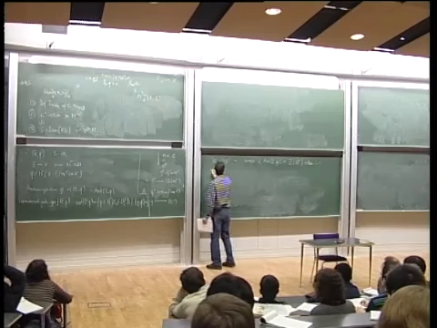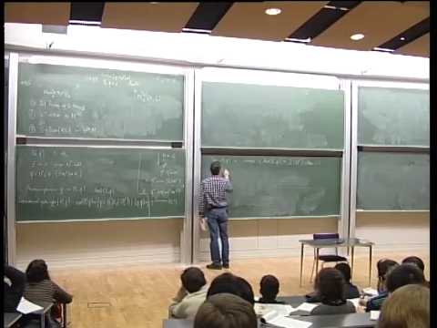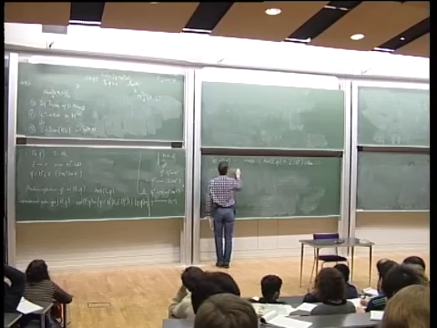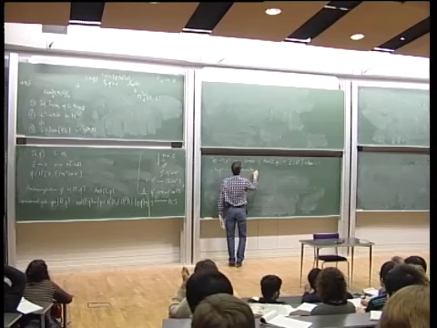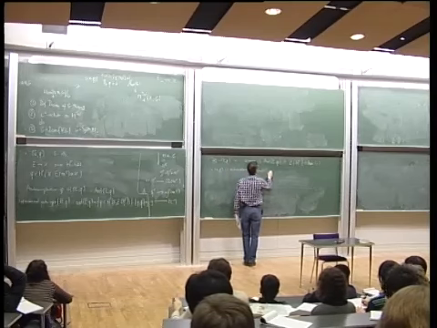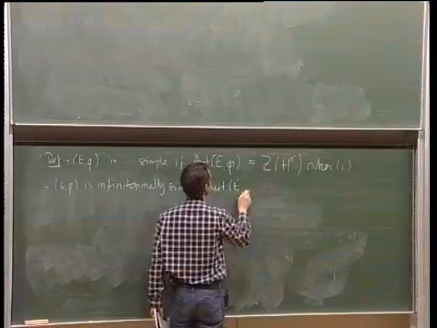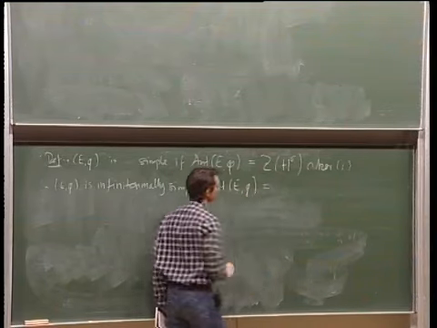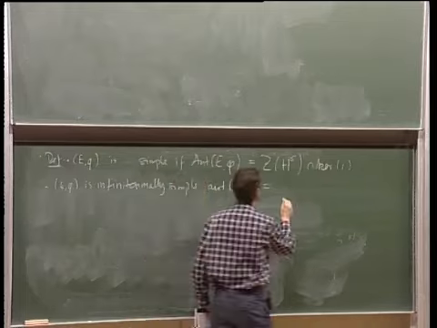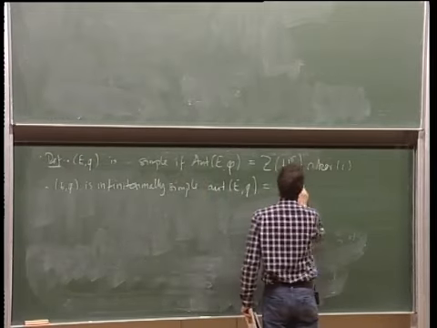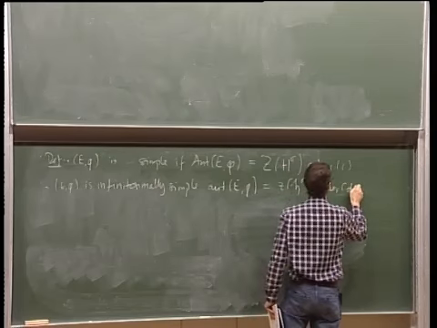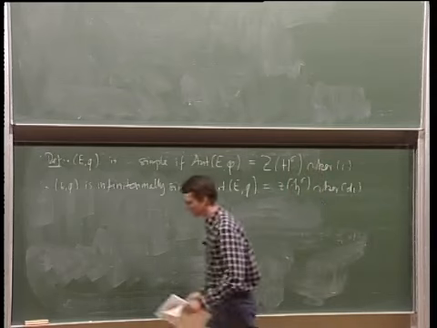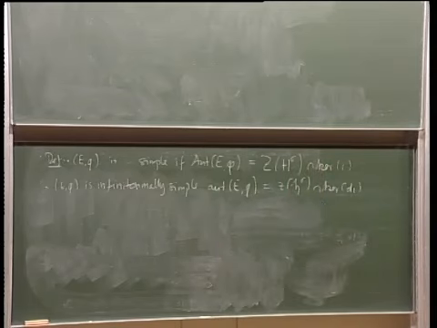And similarly, we can say that (E, phi) is infinitesimally simple if the infinitesimal automorphism group is smallest possible, so just take the infinitesimal version of this.